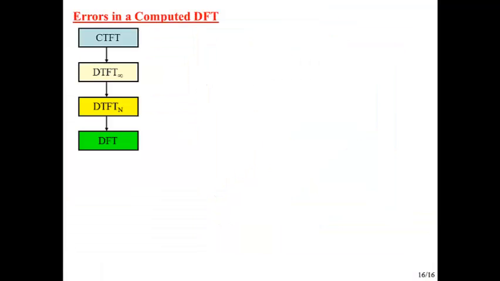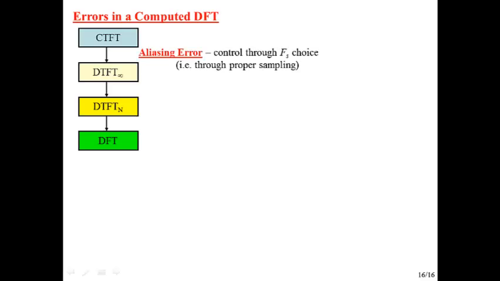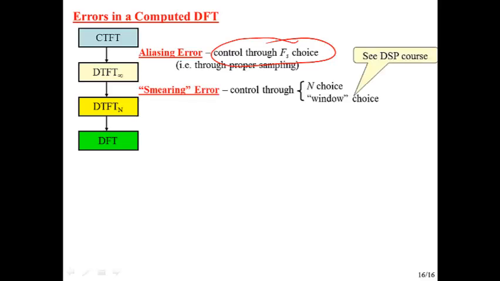So here's a summary of the errors that we're seeing in this kind of processing. Going through the A to D converter, we see that there's aliasing error, and we can control that through proper choice of the sampling rate as well as with anti-aliasing filters.